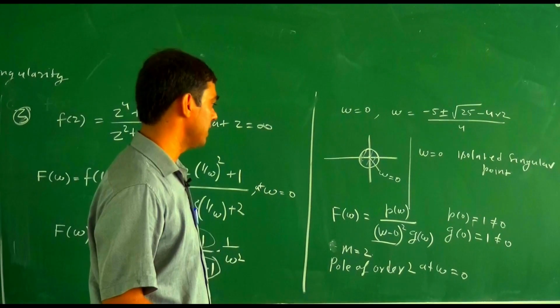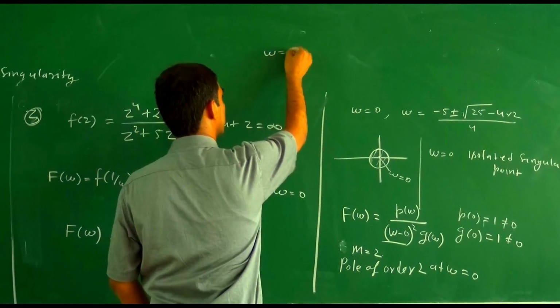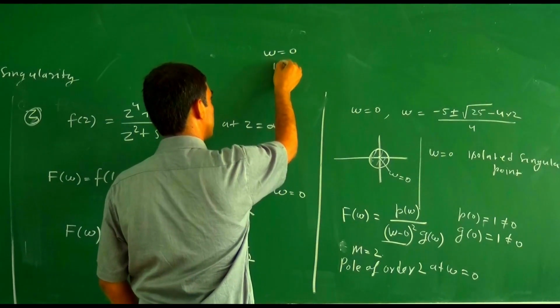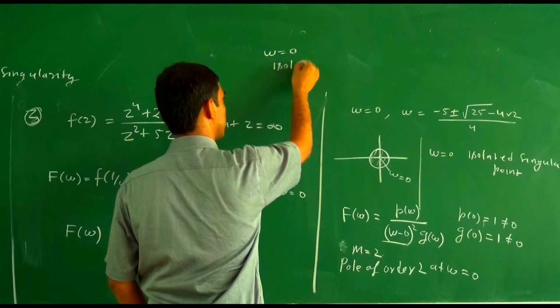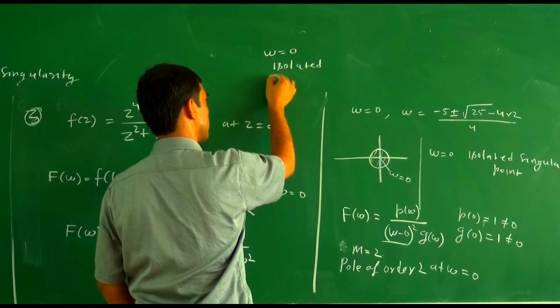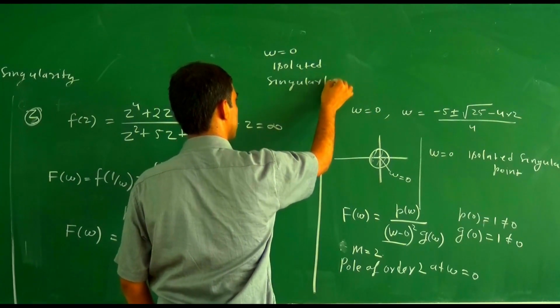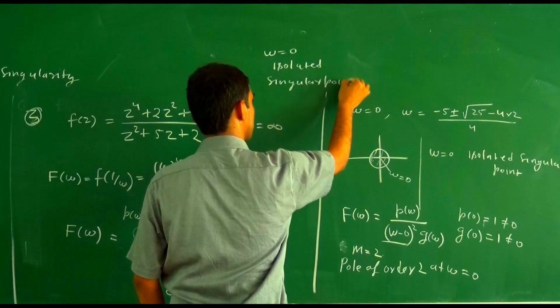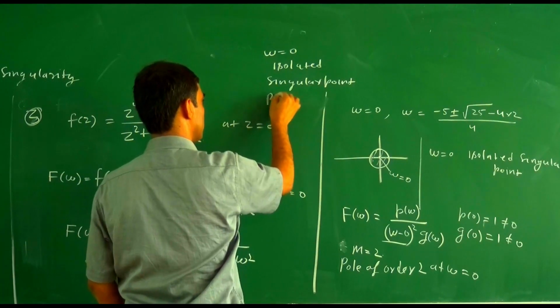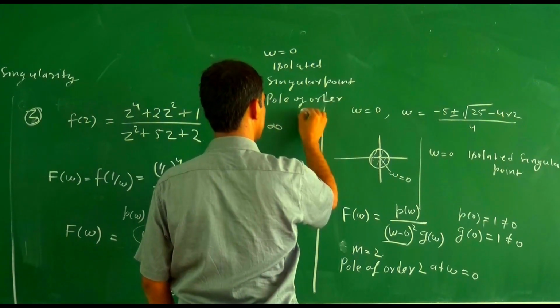So we conclude that w equal to 0 has an isolated singularity, and this one is a pole of order 2.